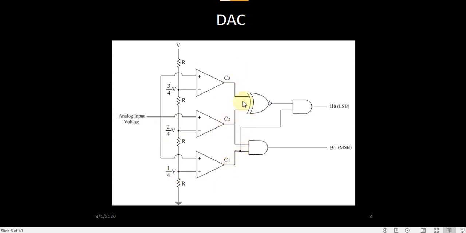This is not part of your syllabus. I have just put this slide so that you know why we are doing this don't care condition. What are the maximum possible outputs here? It is 000, 001, 011 and 111.